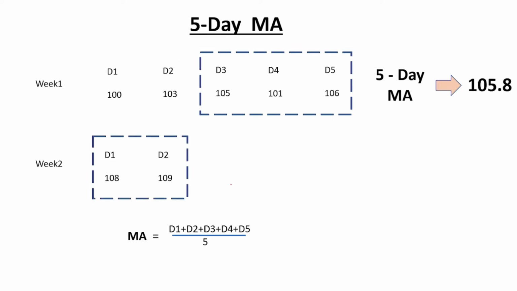Now let's suppose we have got week 2. There are again 2 new price data points. Since we are calculating a 5-day moving average, as it has got 2 new data points, if we clearly notice here, friends, it will consider the recent 5 days price data points, and it has left the previous first 2 days, right?